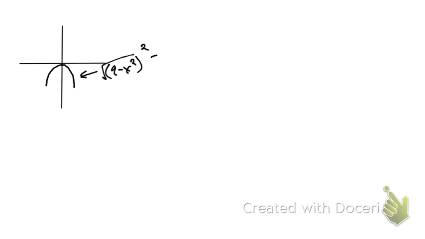If you're struggling with it, this is what you're actually going to get out if you do it right. That would be the graph if you zoomed out on the square root of 9 minus x squared, squared, minus 9. That would be the graph of it.